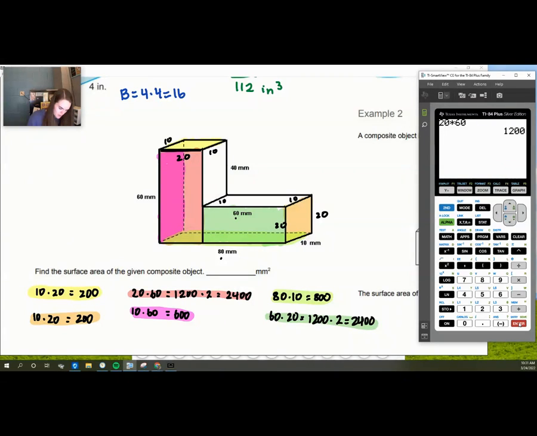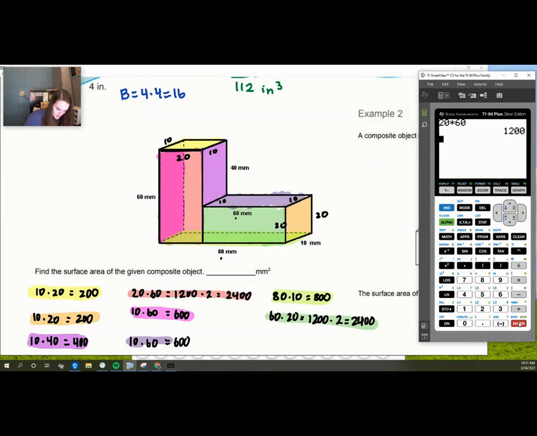Okay, we only have 2 more pieces. We have this piece, and there's only one of those, and that's a 10 by 40, which is 400. Okay, and I have this section, which is a 10 by 60, which is 600.